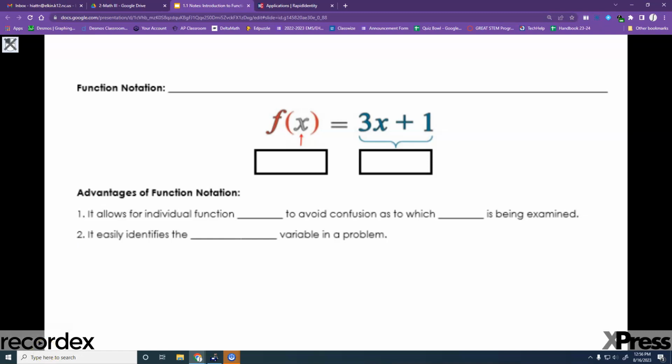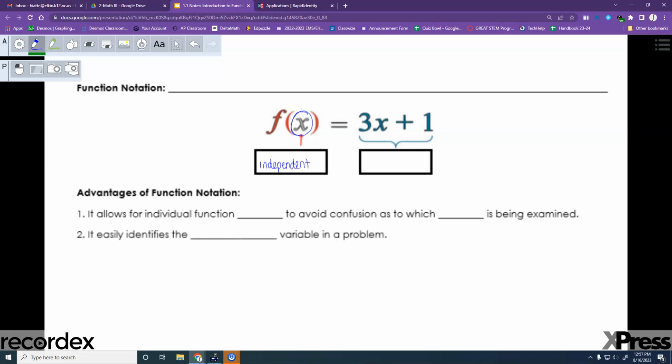So in our blanks here, whatever is inside of your parentheses is your independent variable. And this whole phrase over here is your dependent variable.